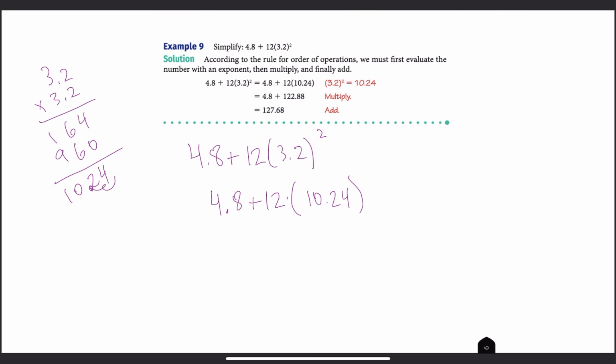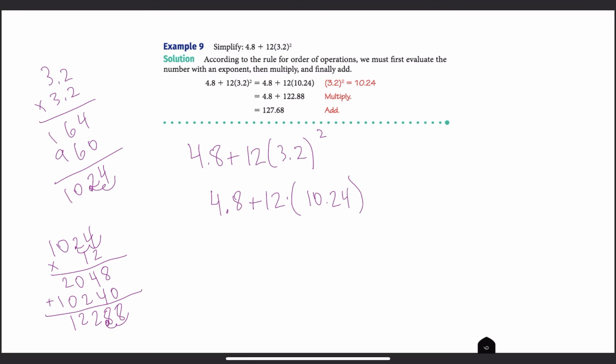Now I'll do the multiplication first. So I'll do 12 times 10.24. So it's going to be about 12 times 10, so about 120. And then I've got to move the decimal place 2 in. So 1, 2.